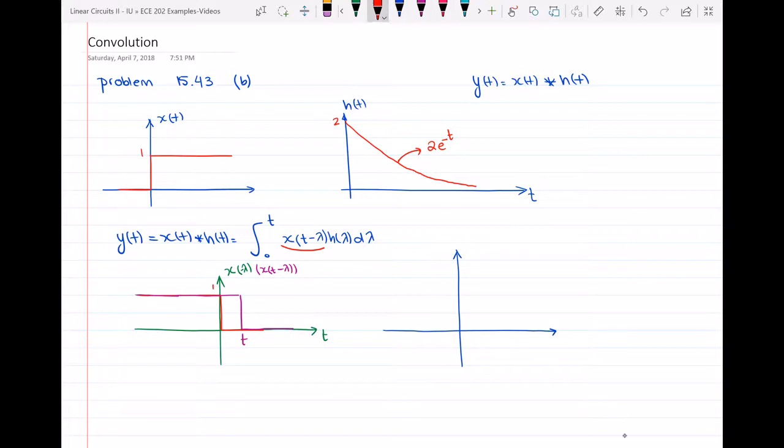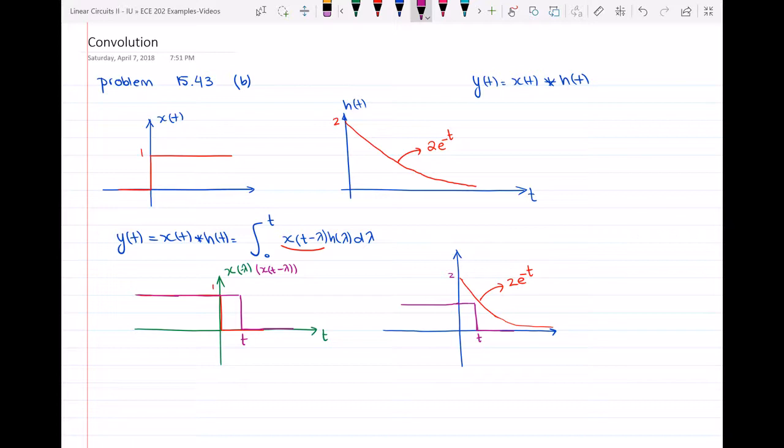I have h of t like this, and I know that this exponential function will be equal to 0 when t goes to infinity. So that will be like this, continuing until infinity. And then if I bring my x of t minus lambda in, then if this is 2, and let's say this is 1, so this will be my function, my x of t minus lambda, right?